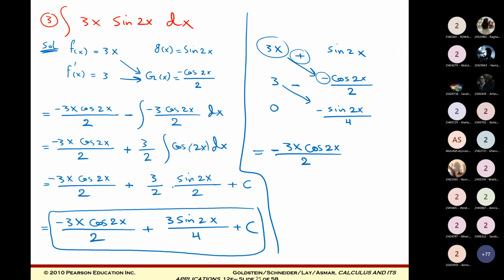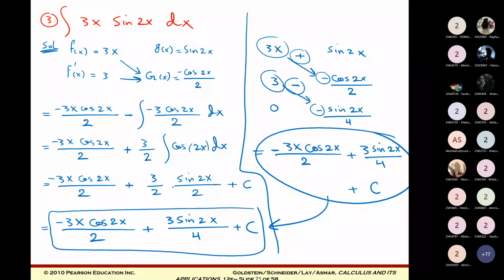Now 3 multiplied by negative, so we have positive 3 multiplied by sine 2x over 4, plus c. So this is the same result. Okay. Any question?